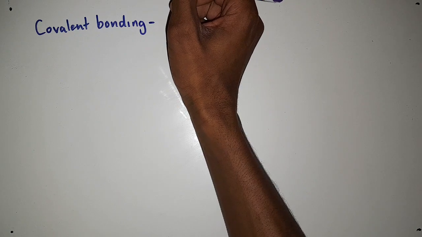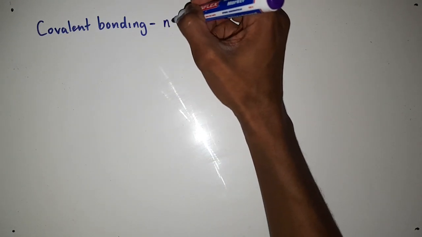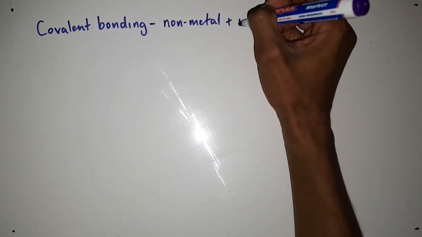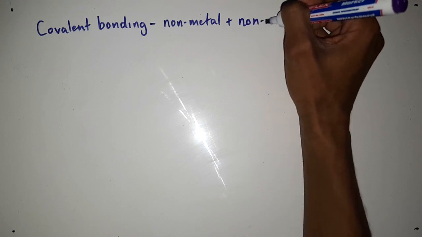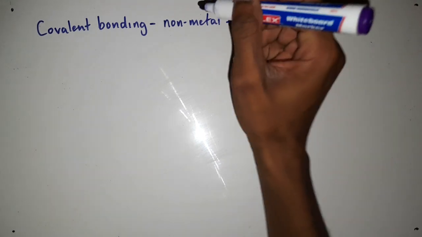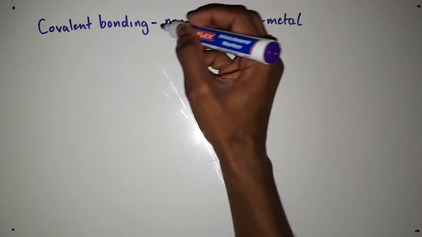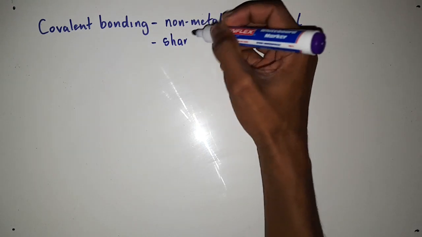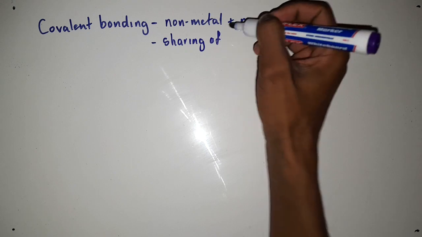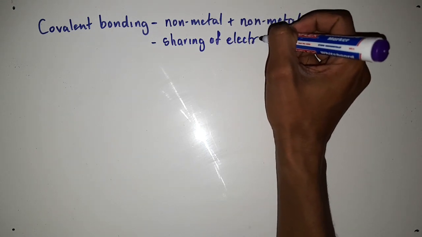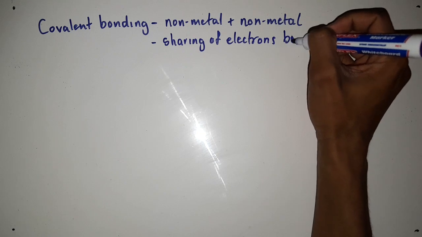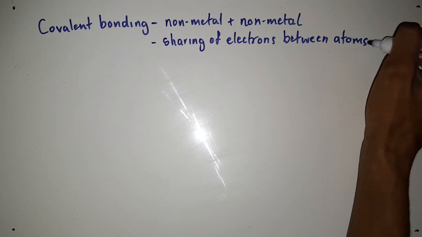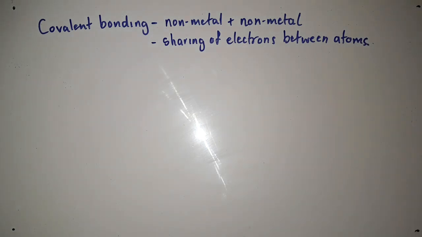It occurs between a non-metal plus a non-metal. It also involves the sharing of electrons between atoms, mainly non-metals.